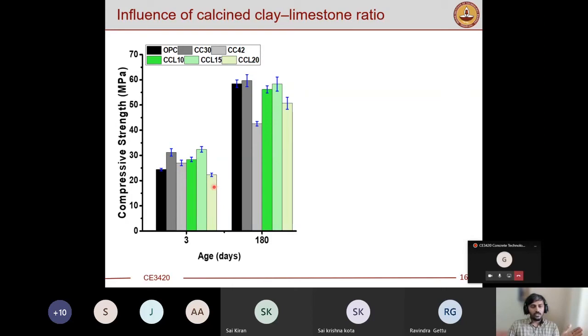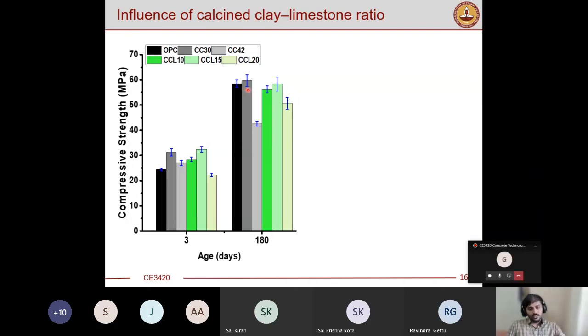The green bars indicate calcined clay limestone combinations. When you increase calcined clay limestone combination, in terms of early strength, you can see optimally at around 15% limestone, you have similar strength to your calcined clay only system. More interestingly, at later ages, for example, long-term strength at 180 days, this is for 30% calcined clay.